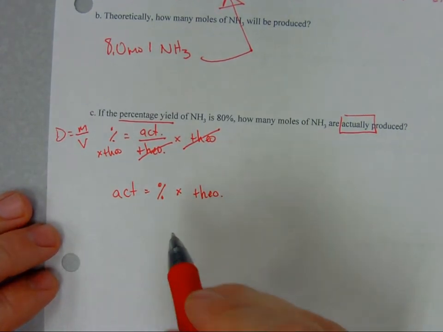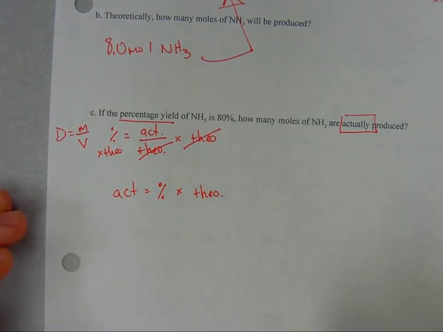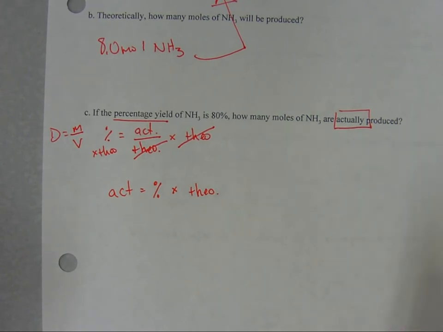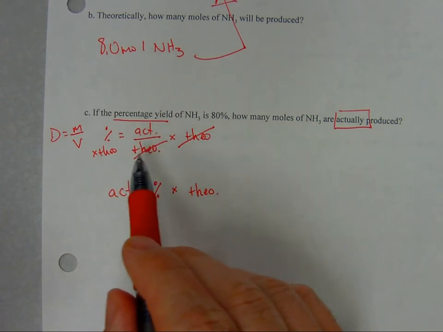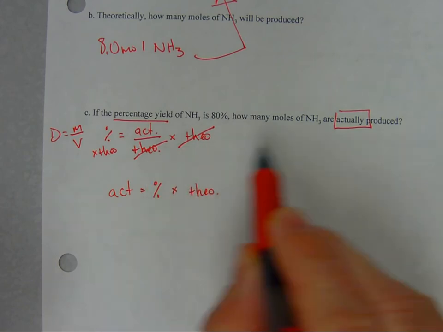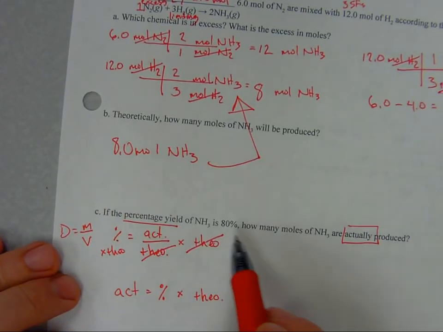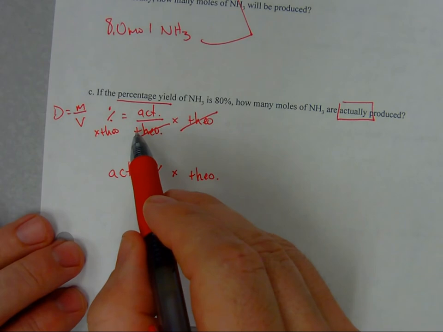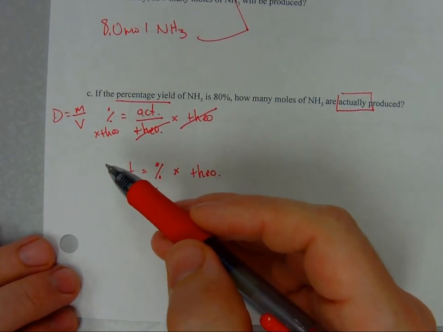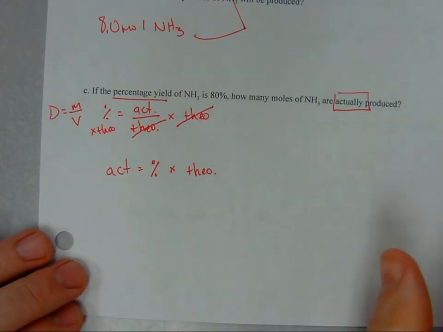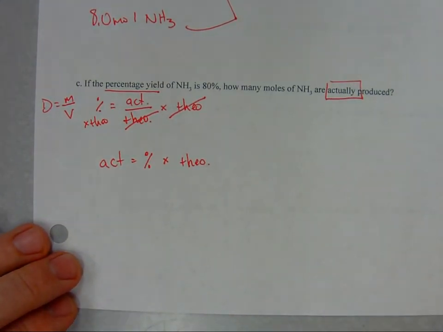Okay. Now, before I plug in the numbers, let me point out something. I have not plugged any numbers in yet. Don't deal with the numbers until last, just like setting up your crosshairs in the factor label method of dimensional analysis. Keeping it like this simplifies your work. If you plug in your numbers before you start moving the terms around, it's very easy to forget which number represents which term and end up putting the numbers in the wrong place.